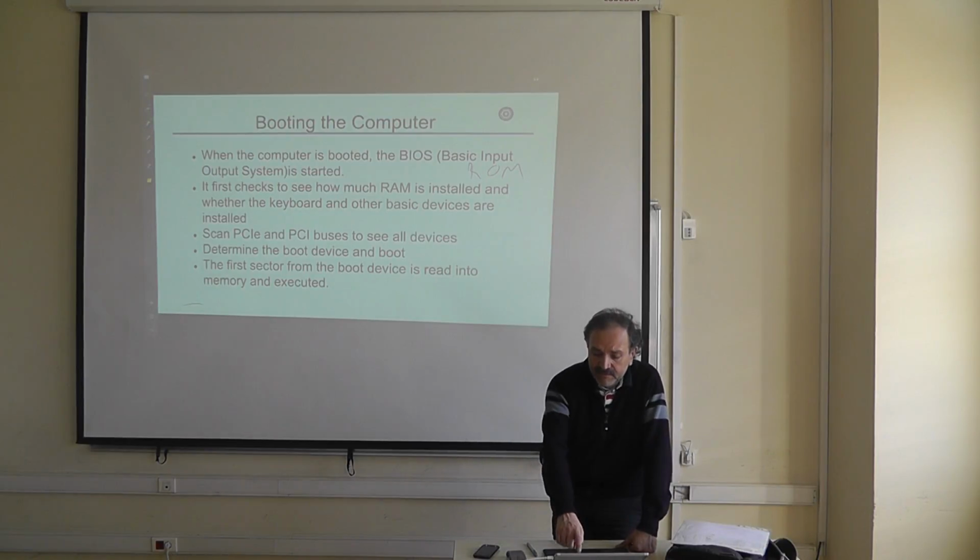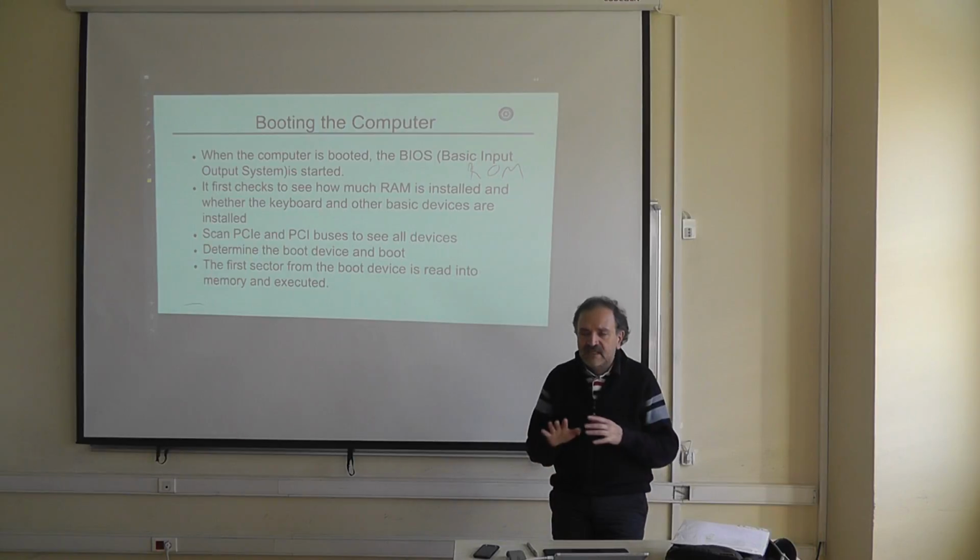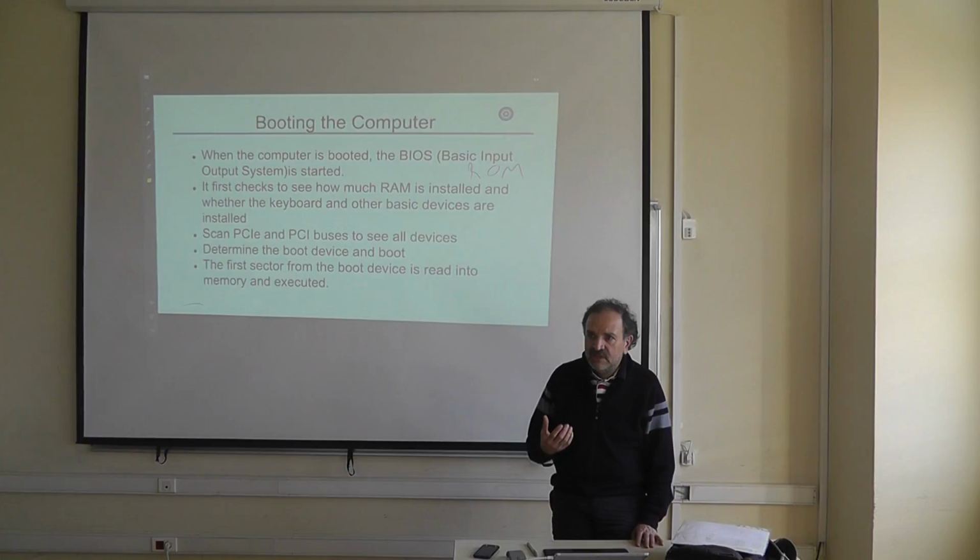This BIOS system starts running immediately. It first checks how much RAM is available, what type of RAM I have, and it checks the I/O devices too. Do I have any disk drive? Do I have any flash drive, etc.? Then after it checks everything, all the RAM and the CPU capabilities, it decides from which I/O device I should load my operating system.